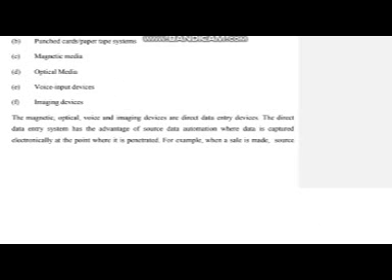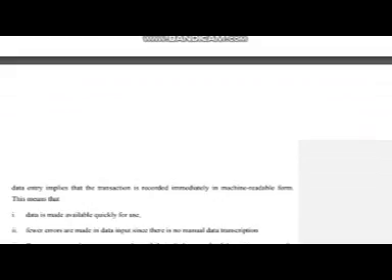Direct data entry implies that the transaction is recorded immediately in machine readable form. 1. Data is made available quickly for use. 2. Fewer errors are made in data input since there is no manual data transcription. 3. Data integrity and accuracy are enhanced through the use of validation programs in the system. 4. Data can be made available on a real-time basis or on a fast batch turnaround basis.